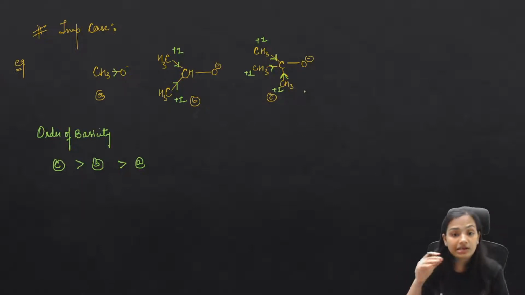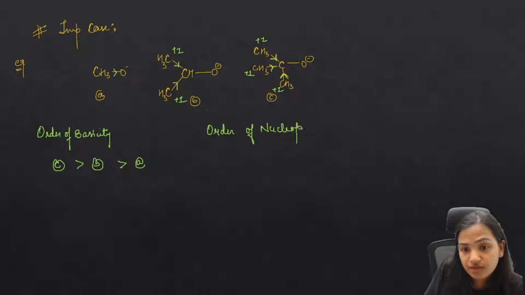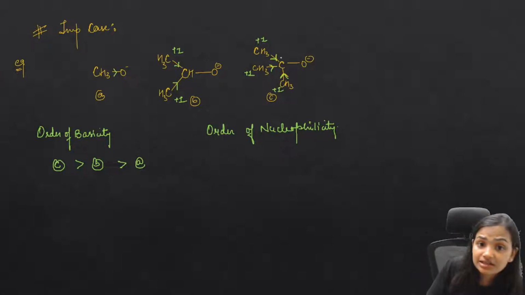Now my question is, is the order of nucleophilicity the same? Let's find it out. Guys, this question is quite smart. Actually, here we are having a bulky group. Can you see that this is a 3-degree alkoxide ion, meaning we have 3 methyl groups.